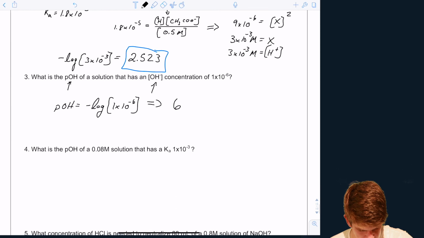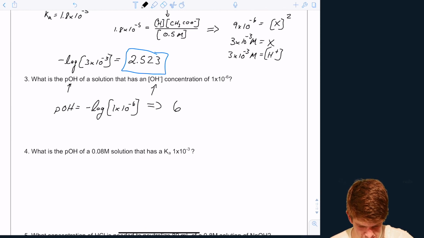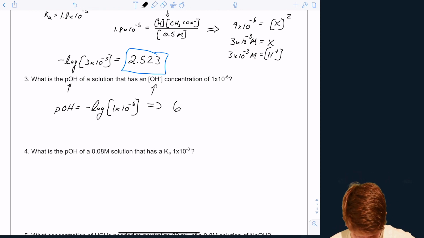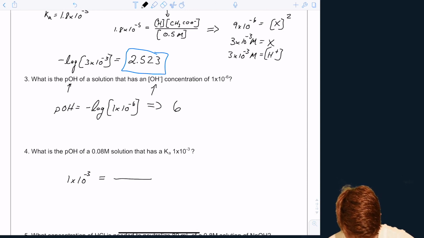What is the pOH of a 0.08 molar solution that has a Ka value of 1 times 10 to the power of negative 3? All right, long process again. 1 times 10 to the negative 3 is equal to the dissociated acid and base. We're given the Ka, so we're talking about the acid here.